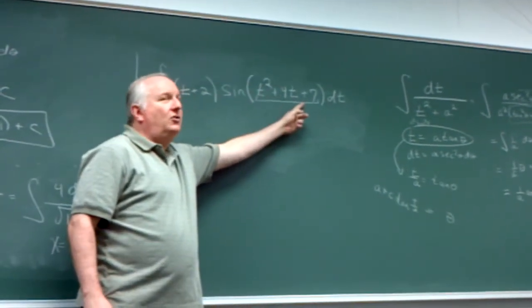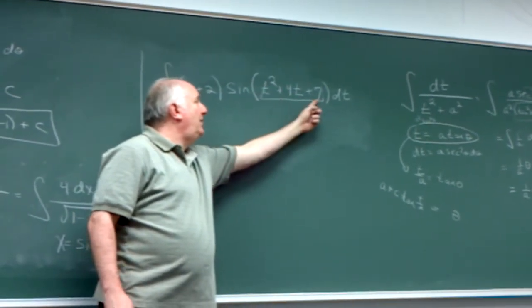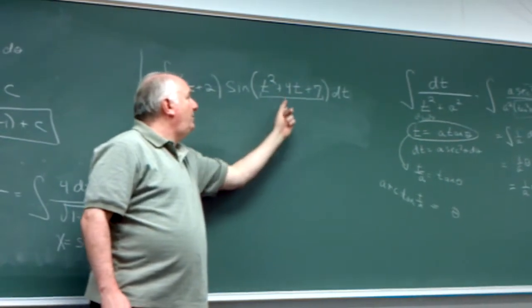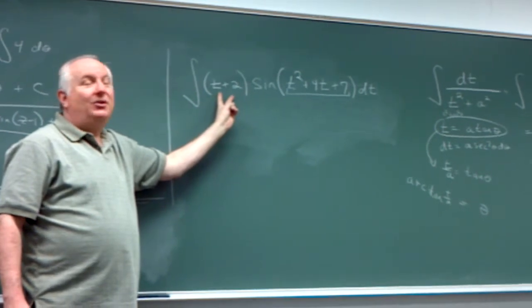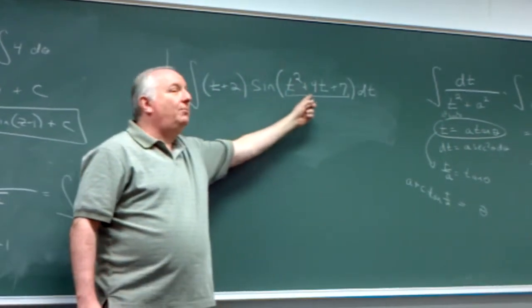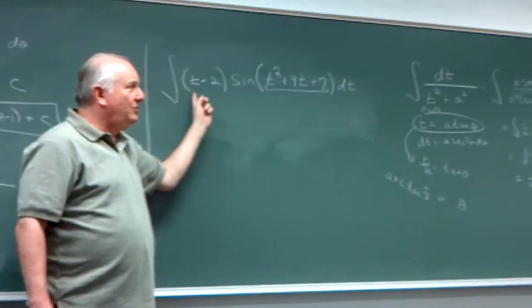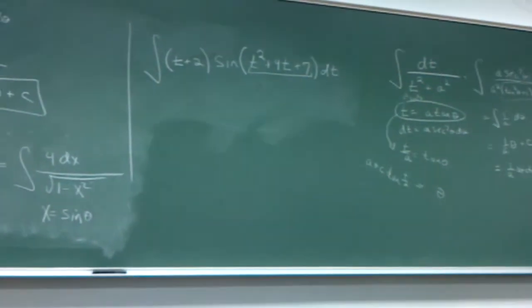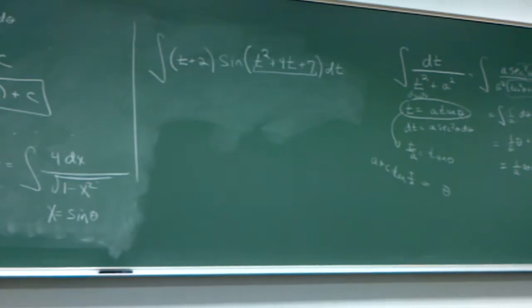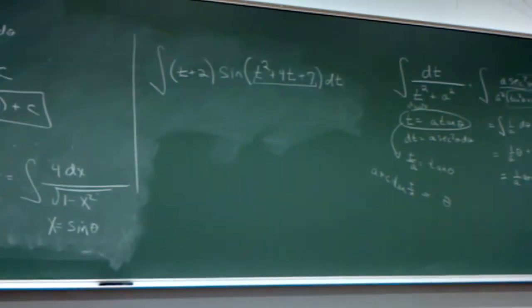Well, that's precisely 2 copies of that. So in other words, this is a sine of something times its derivative. That's sort of the logical place to look for a substitution. If you don't know what to do when there's something plugged into a sine or a cosine or an exponential, that's a logical place to look for a substitution.